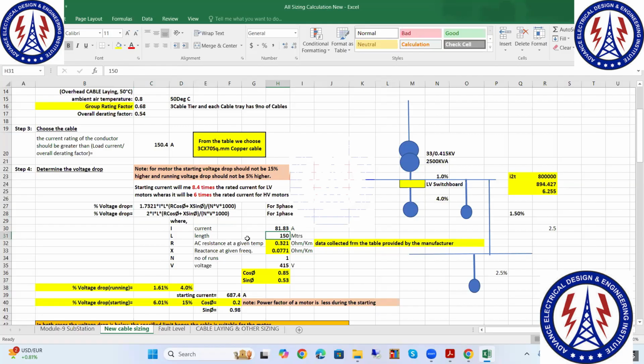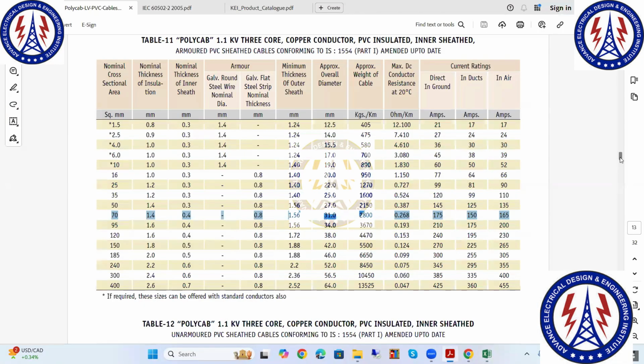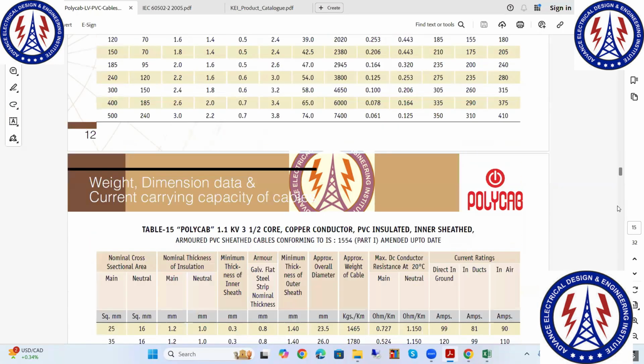This we can verify from the cable routing layout, 150 meter. R is the AC resistance. Whenever I am passing AC current, always use the AC resistance. Whenever I pass DC current, use the DC resistance. This we can get from the vendor catalog. So this is also defined here.